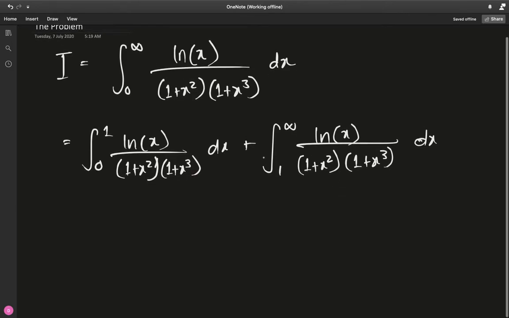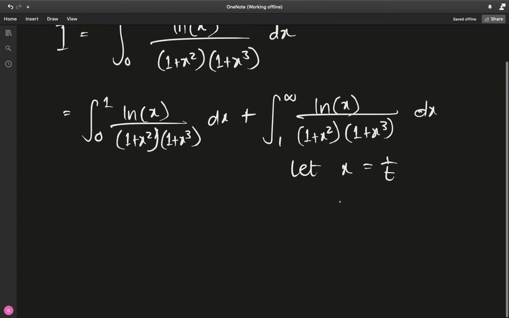For this second integral that we have from 1 to infinity, let's use the reciprocal substitution. So let x equal 1 over t, or t equal 1 over x, both are the same. dx will naturally be negative 1 over t squared dt.